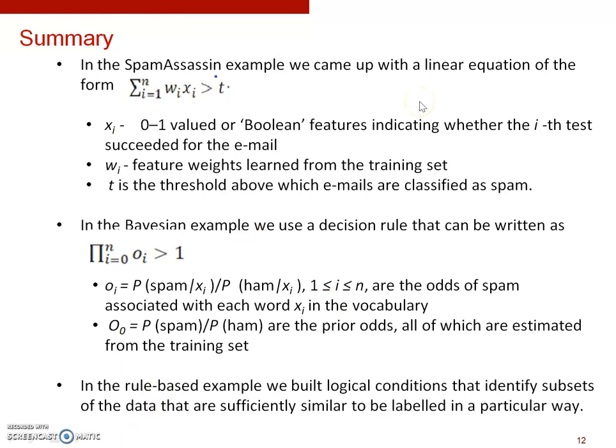In this lecture, we have discussed SpamAssassin, which is a tool for classifying emails as spam or ham. Earlier, SpamAssassin treated all the tests or features as equally important in identifying whether an email is spam or ham.